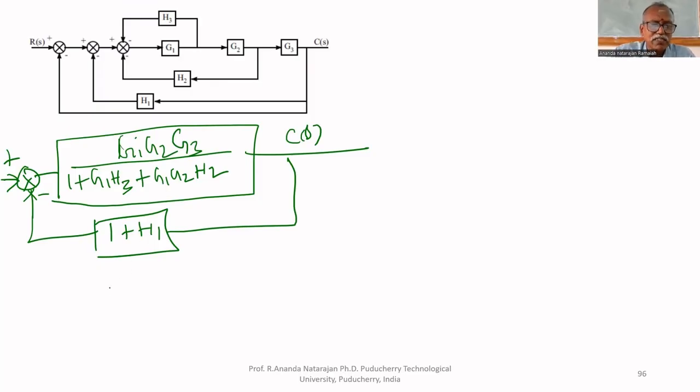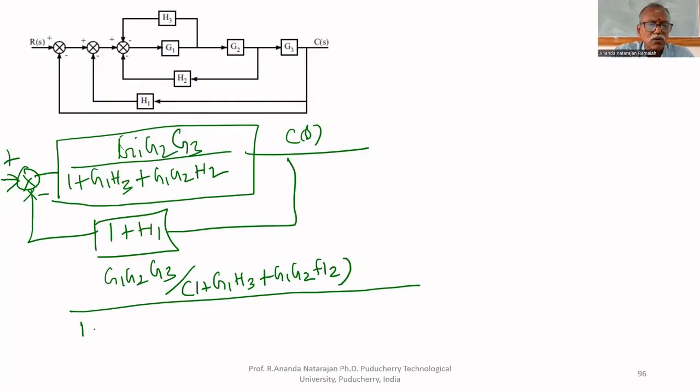Now, if we simplify this using the 7th rule, what will you get? G1, G2, G3, 1 plus G1, H3 plus G1, G2, H2 whole divided by 1 plus G1, G2, G3 divided by 1 plus G1, H3 plus G1, G2, H2.